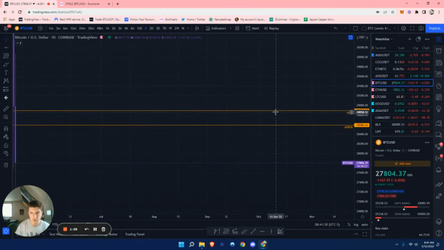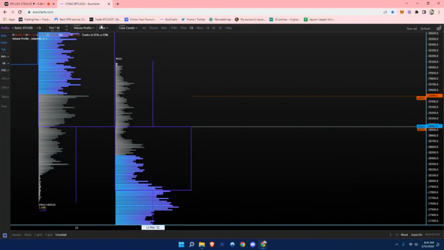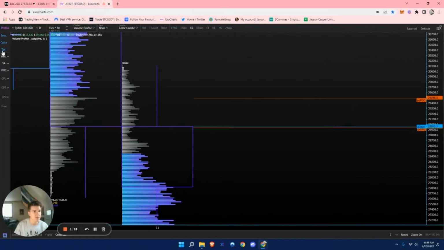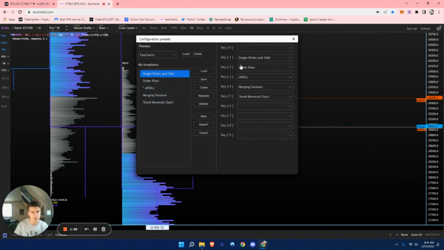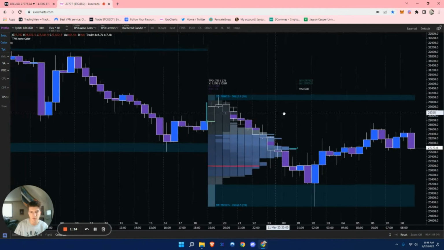And typically these are the three different strategies to trading the daily open. Some side notes: the daily open is also known as the initial balance. If I go to ExoCharts, I'll show you how you can look up initial balance.